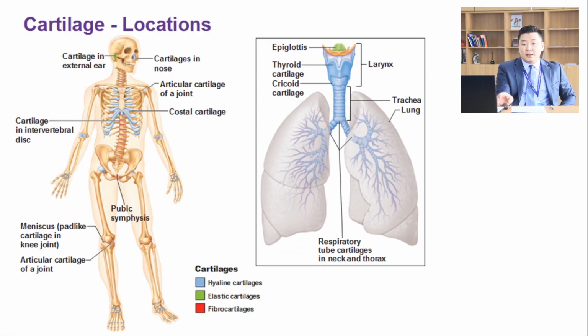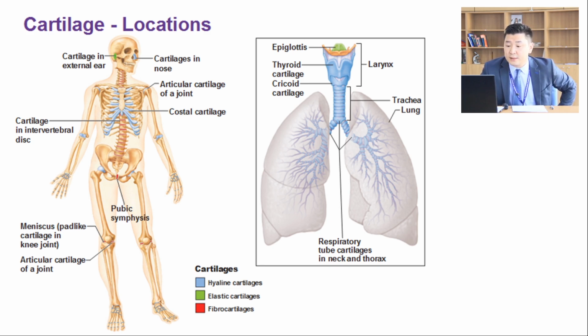There are three different cartilages in the human body. First, hyaline cartilage, which appears in blue color, is found as the embryonic skeleton, costal cartilage, cartilage of the nose, trachea, lining at the ends of some bones, and the larynx.